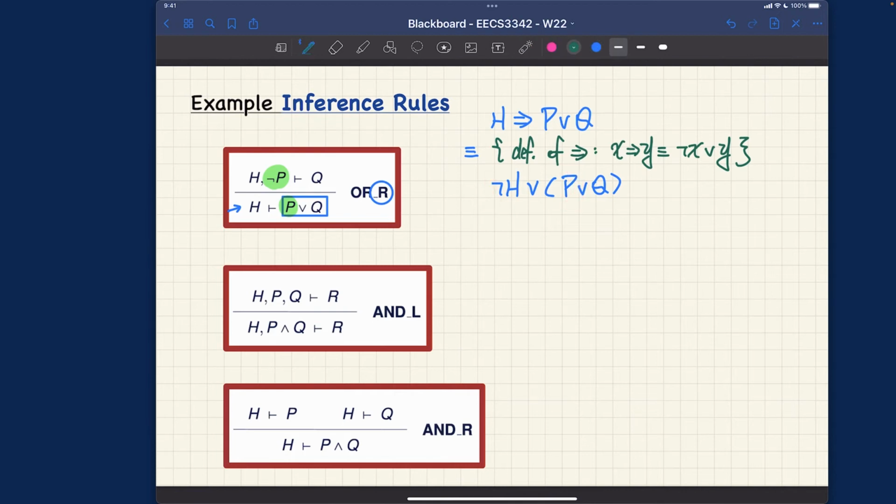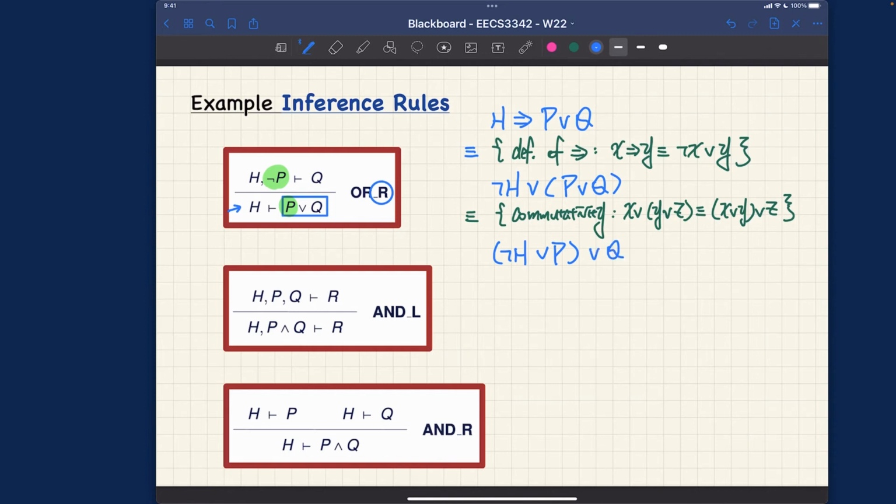So here we can say equivalent to, by the commutativity of disjunction, if I have X or Y or Z, equivalent to if I bracket X or Y and or Z, right? By that, I'm going to get not H or P or Q. Right? So far so good.